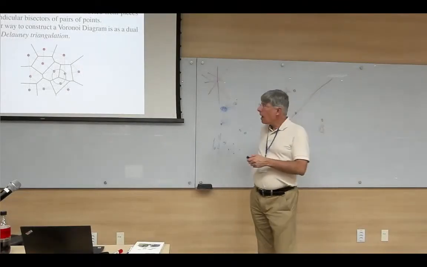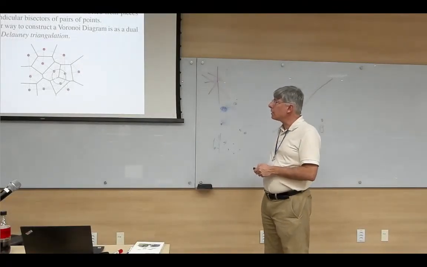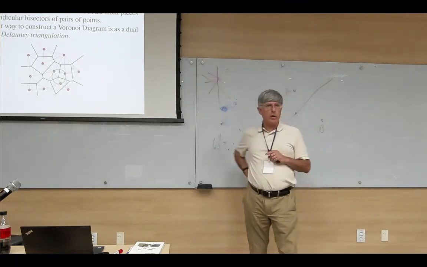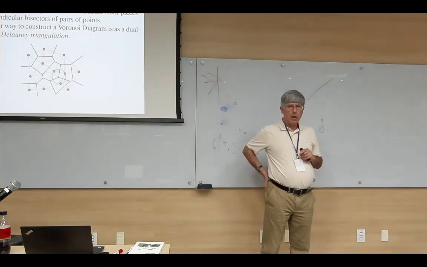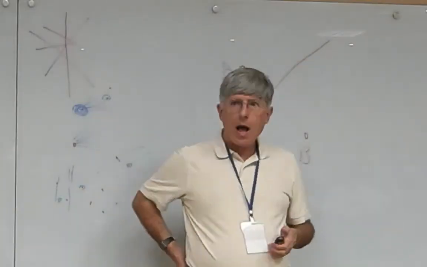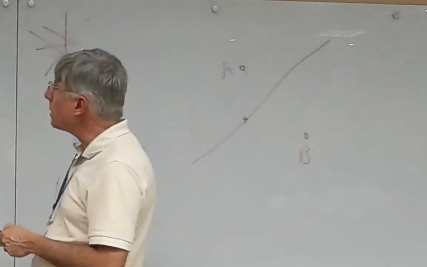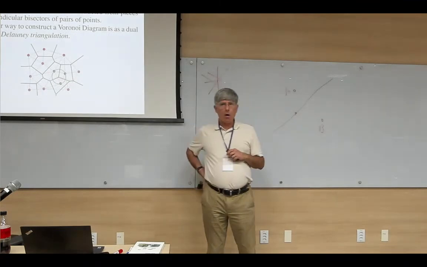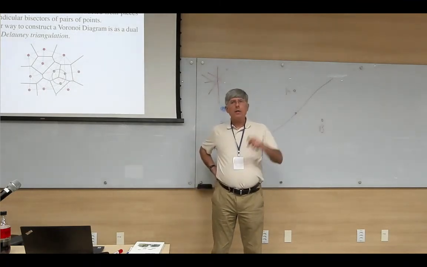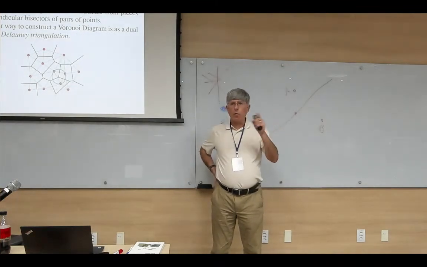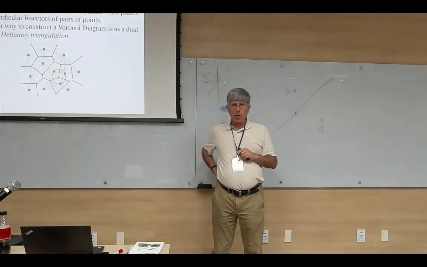That circle has a center. What does the center mean? It's equal distance to all the vertices, right? So the claim would be, if you have the right triangulation and you look at every triangle in it, the center of that triangle's circle defines a vertex of the Voronoi diagram, okay?